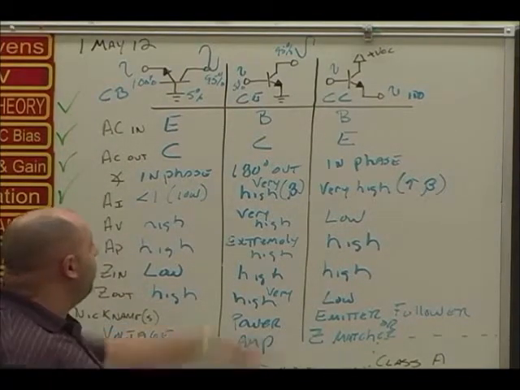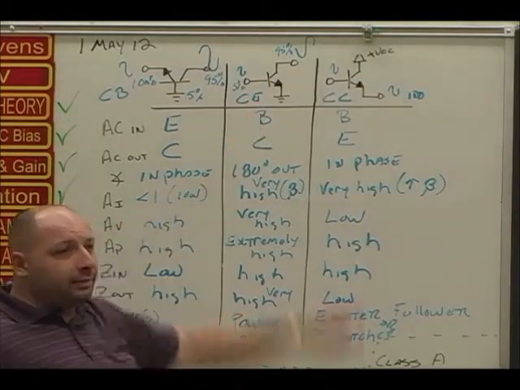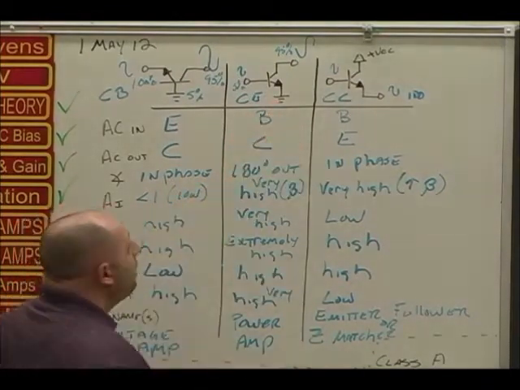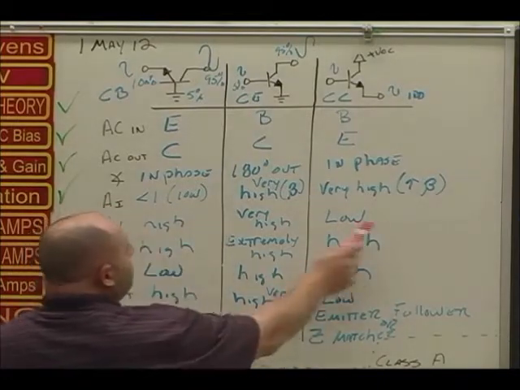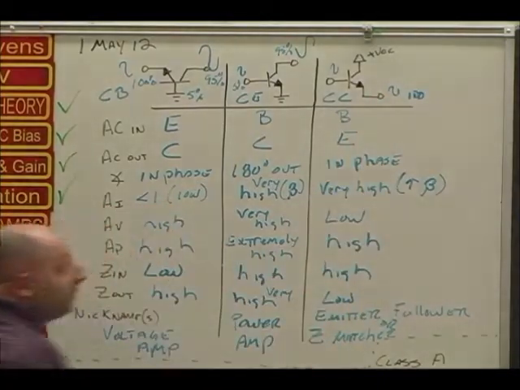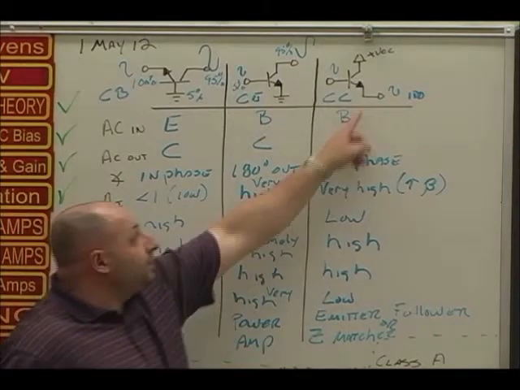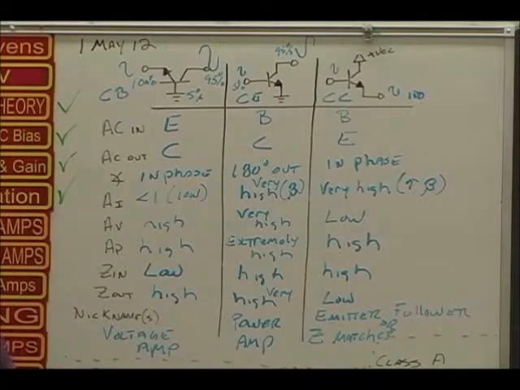What else about the emitter? Well, that's common, so I can't really do anything about that because I don't have an input or an output directly to that. Over here, the voltage gain. Oh, it's low. It's on the emitter. The output impedance. Oh, it's at the emitter. It's low again. Does that make sense? Whenever you're dealing with the emitter, it's always going to be low.